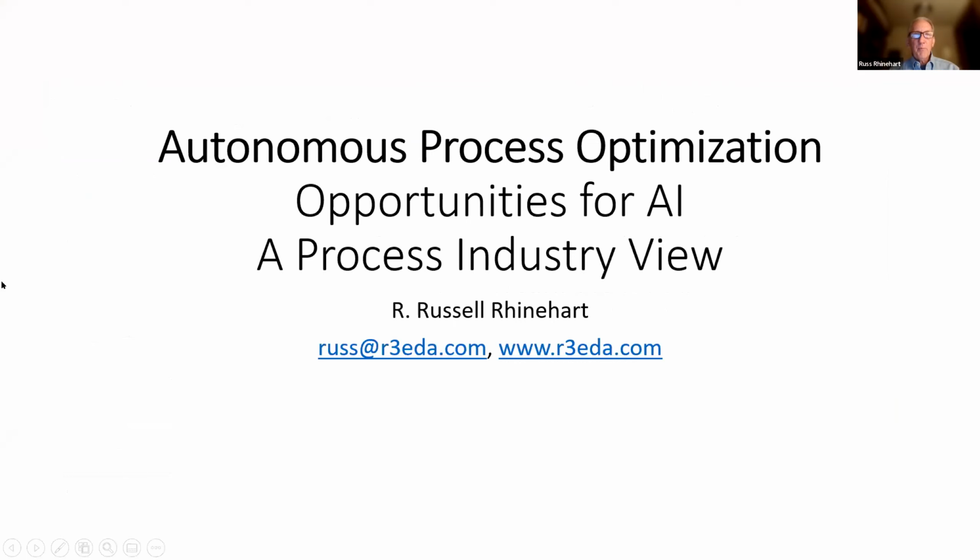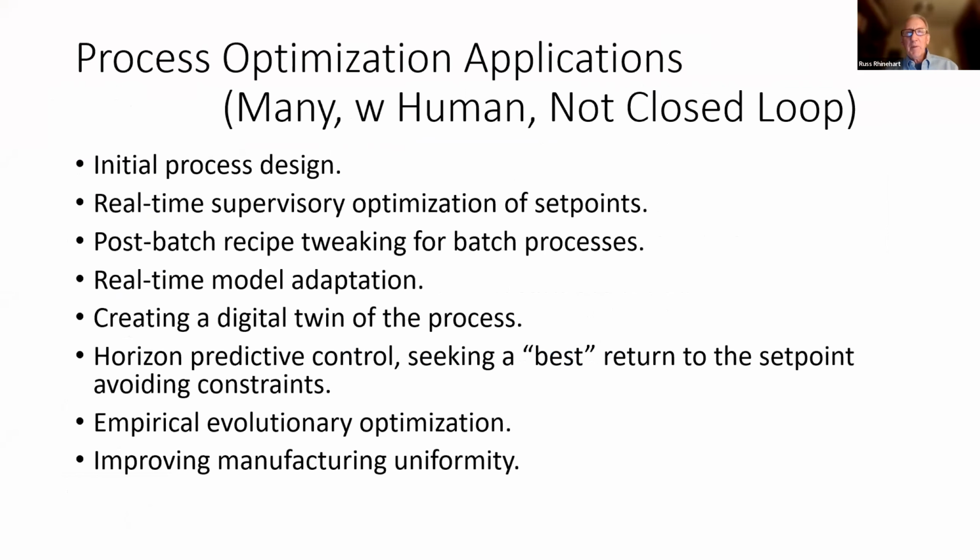Okay, I greatly appreciate the opportunity to be with everyone and do this presentation. Best wishes to everyone on it. Process optimization applications. There are many, the main title says. And I'm not going to go through all of them. If you want to scan over them, you can read them faster than I can talk them.